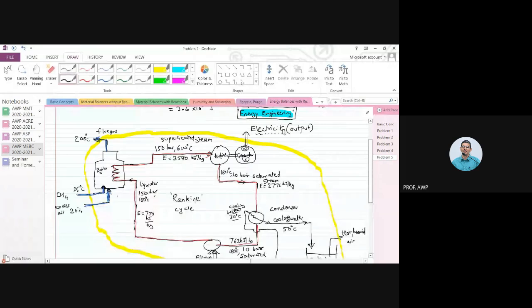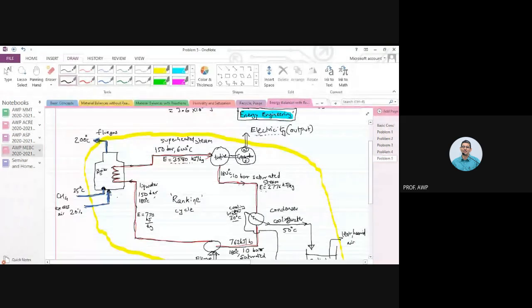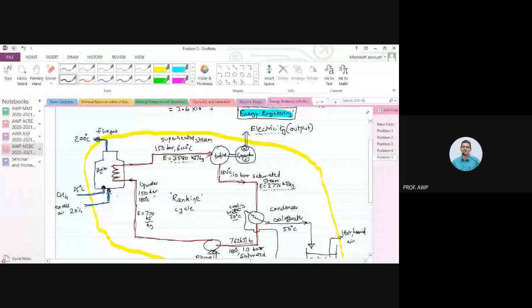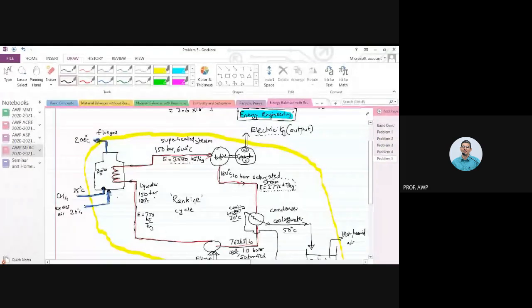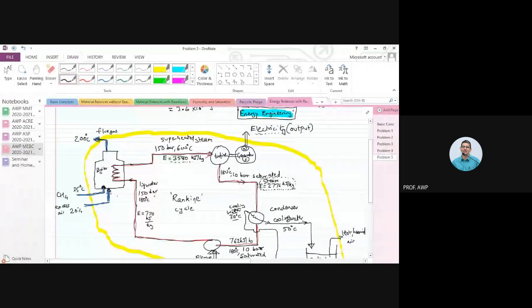What is the input? Input is the difference between the enthalpy of superheated steam minus the enthalpy of saturated 10 bar steam. Do you realize that? This is how much energy we have put into that turbine.